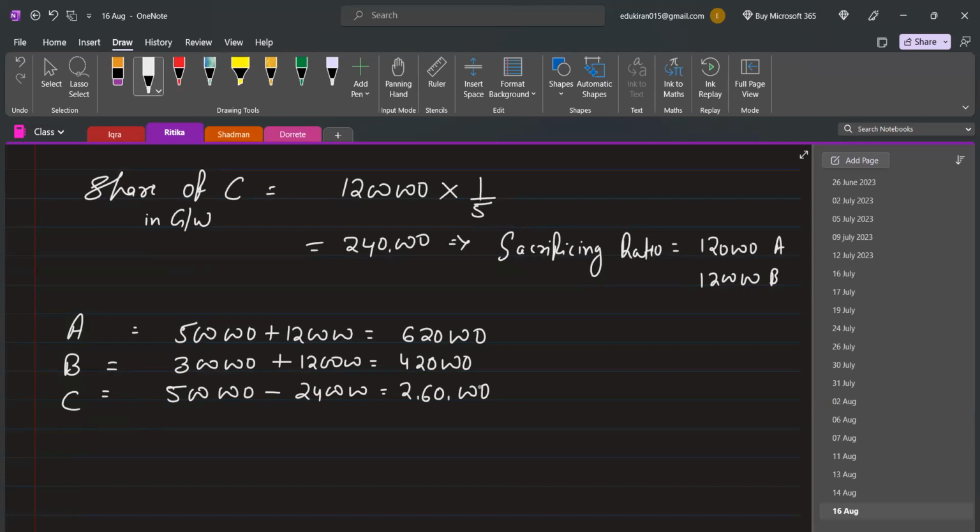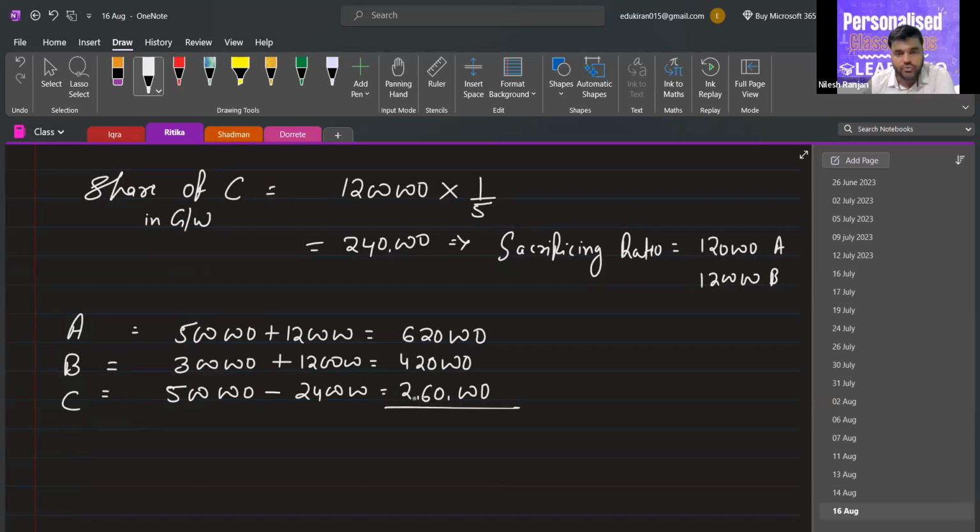Now you can see the total capital of the firm is 13 lakh. If we calculate proportionate capital according to C's capital, 2,60,000 into 5 by 1, we will get 13 lakh.